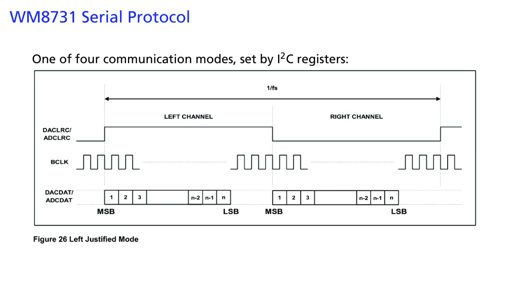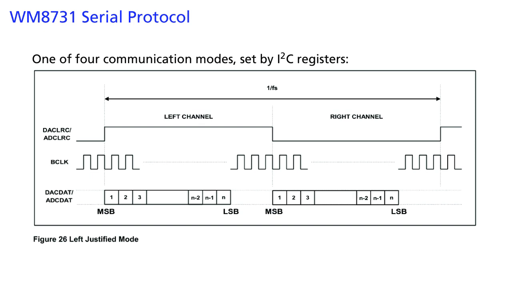Here is an example of one of the serial protocols that the audio codec uses. There are 4 of these protocols, and you need to tell it which of these you're going to use, and this is what it will look for. This is one of the annoying things about this codec. If you tell it to listen to one thing and then generate another, it won't work, and it won't be clear why. The B clock signal is the bit clock, so this indicates when the next bit of data is being sent or is available from the audio codec.